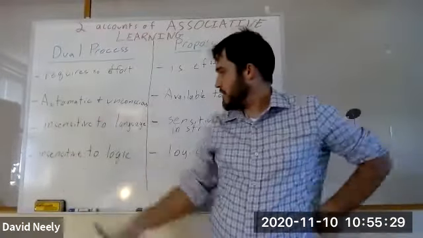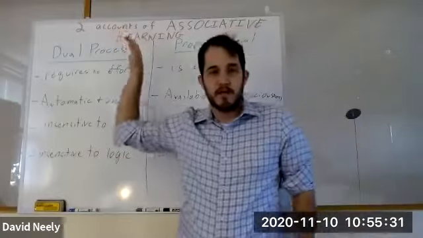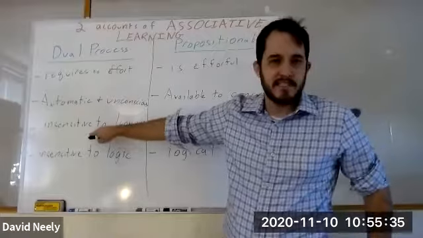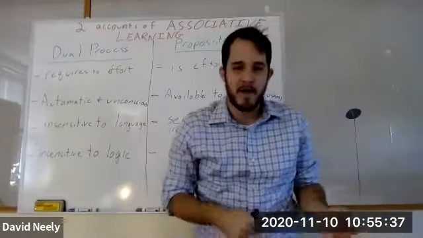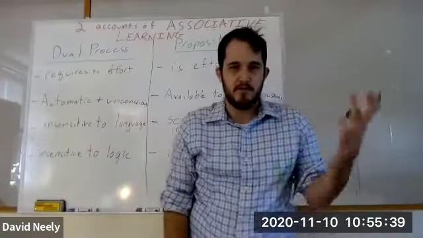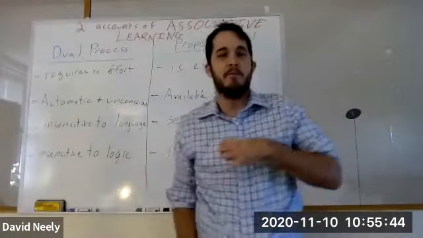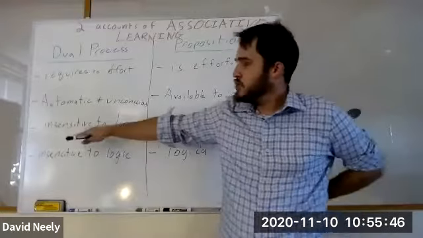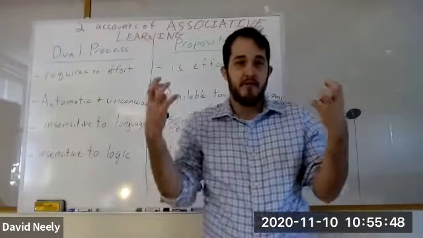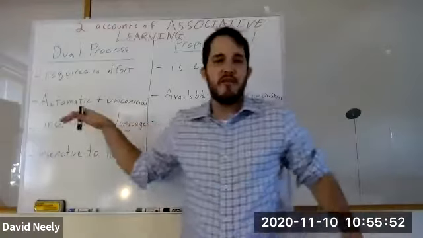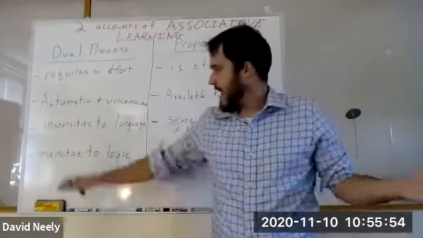The last two are kind of related. The first one is that if dual process is right and it's purely associative, then it shouldn't be sensitive to verbal arguments. Why? Because verbal arguments involve propositions. You say that the sky is blue; I believe that the sky is blue. If your understanding of light and food being associated is purely mechanical, then it's not going to be open to any sort of argument.